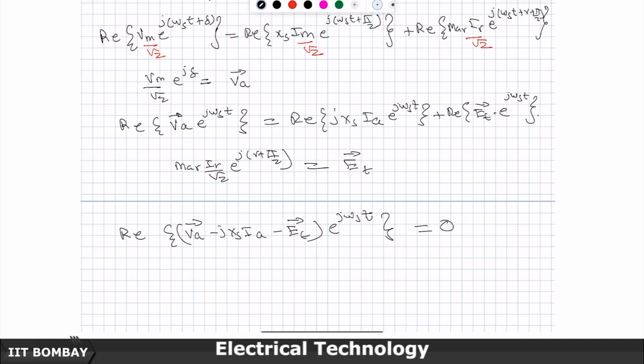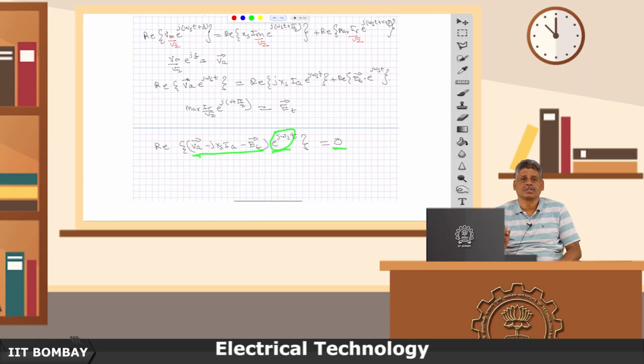Now, if this equation is true all the time, what happens? This is basically a unit length phasor rotating at a speed of omega s. So, it is always non-zero, and for whatever value that this takes, this product into this is always 0.